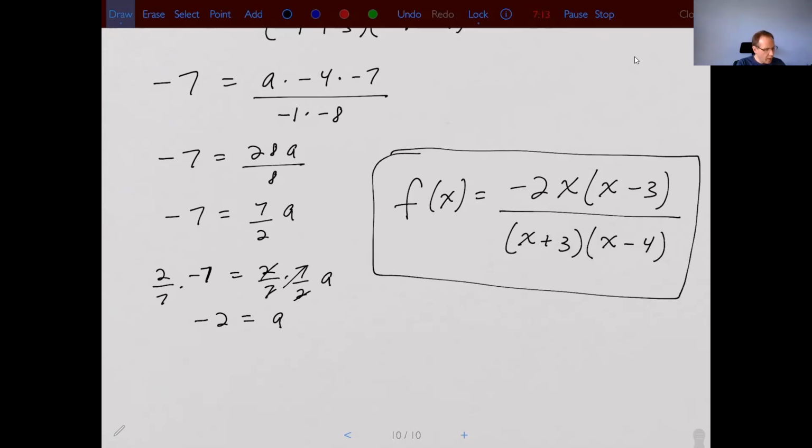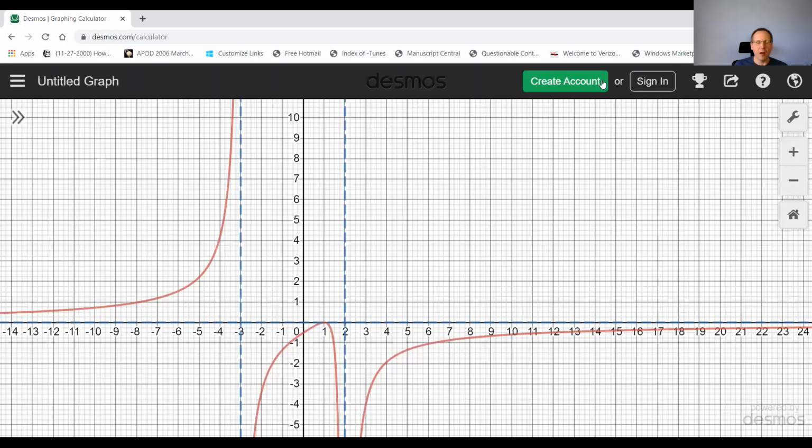Okay, let's do one last one. Okay, so here's the last rational function that we want to look at and see if we can come up with the actual equation for it.